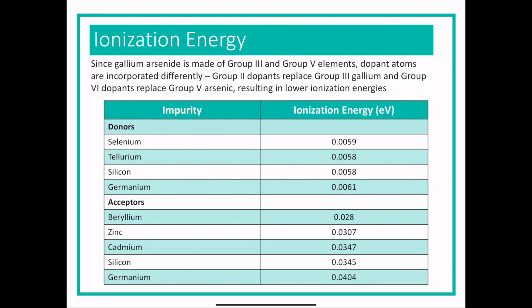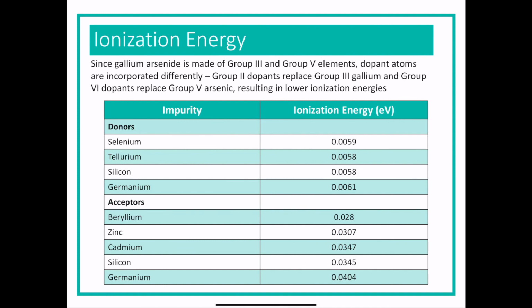And I can't remember the band gap, but it's pretty big for gallium arsenide. I can't remember what it is exactly, but it's larger than silicon. So you notice that the ionization energies are a little bit bigger, but still, much less than the band gap energy.